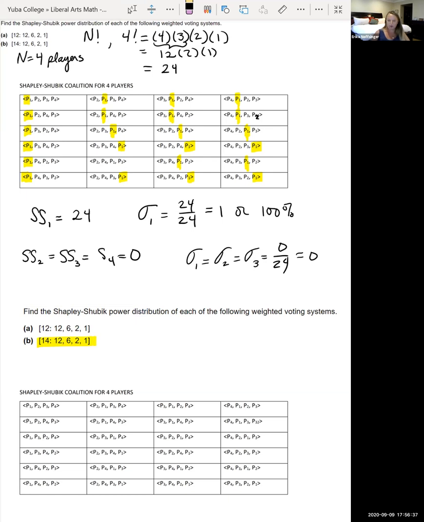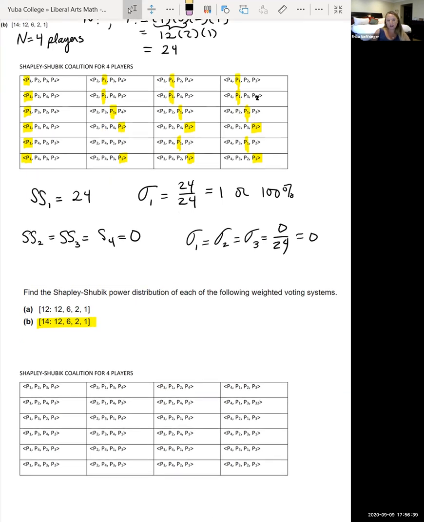So this time player 1 comes in first, they have 12 on their weight, and so they're not going to be the pivotal player. So basically if player 1 can't be a pivotal player, then any of the ones that have less weight can't come in as the first person in the coalition and be pivotal.